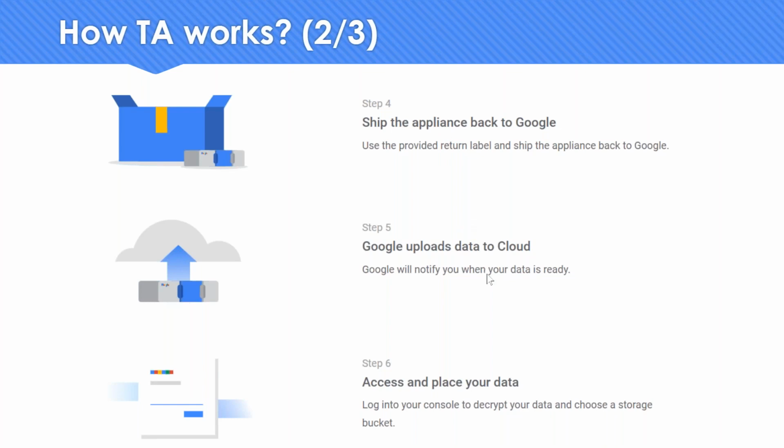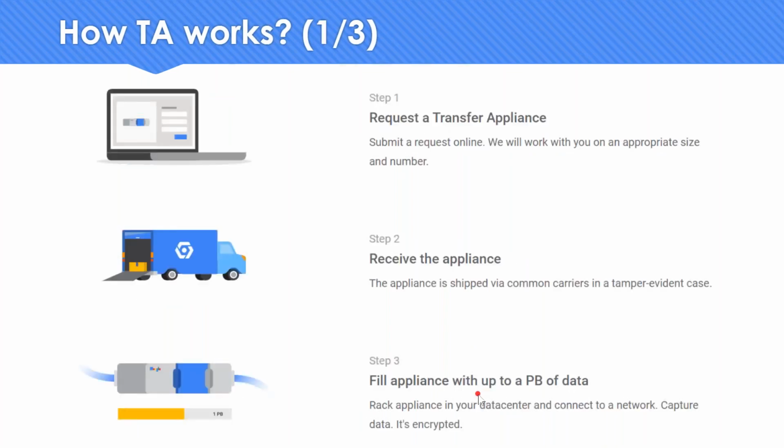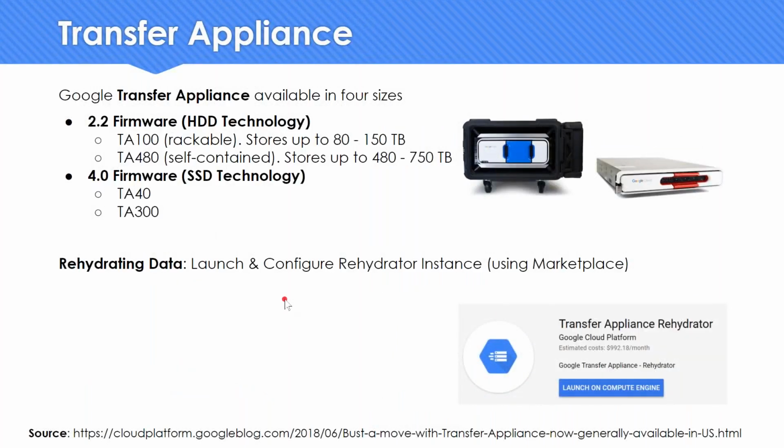Once they connect it, you just log into your GCP console, go to your marketplace, and launch a service called rehydrator. So it is like pumping your data back, rehydration. So rehydrator is what you are going to use.